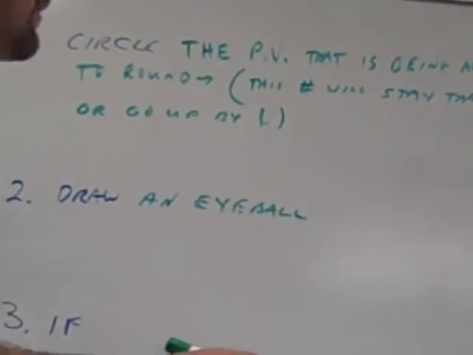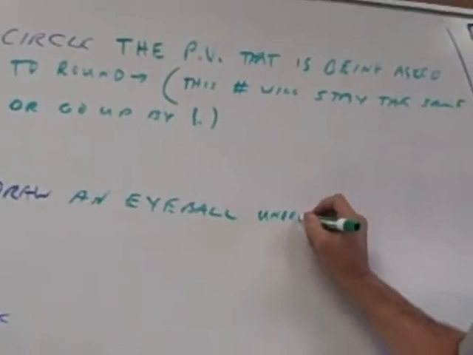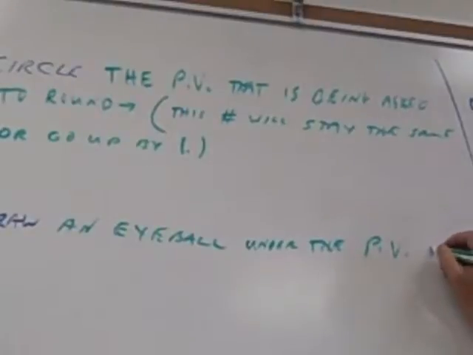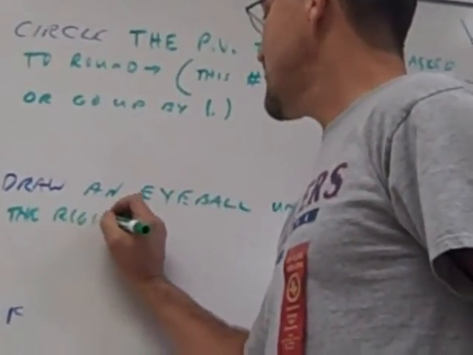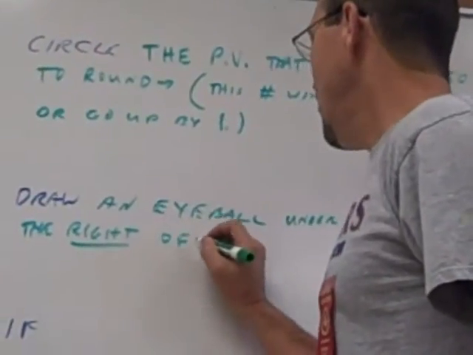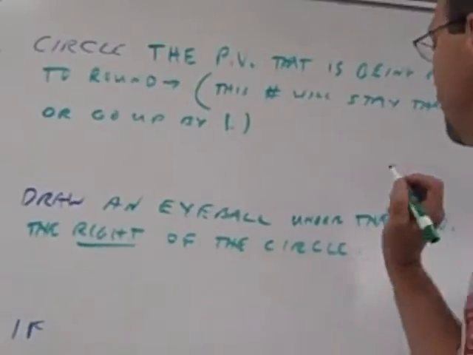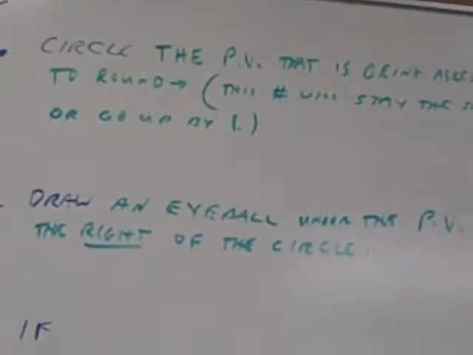Draw an eyeball under the PV to the right of the circle. Draw an eyeball.